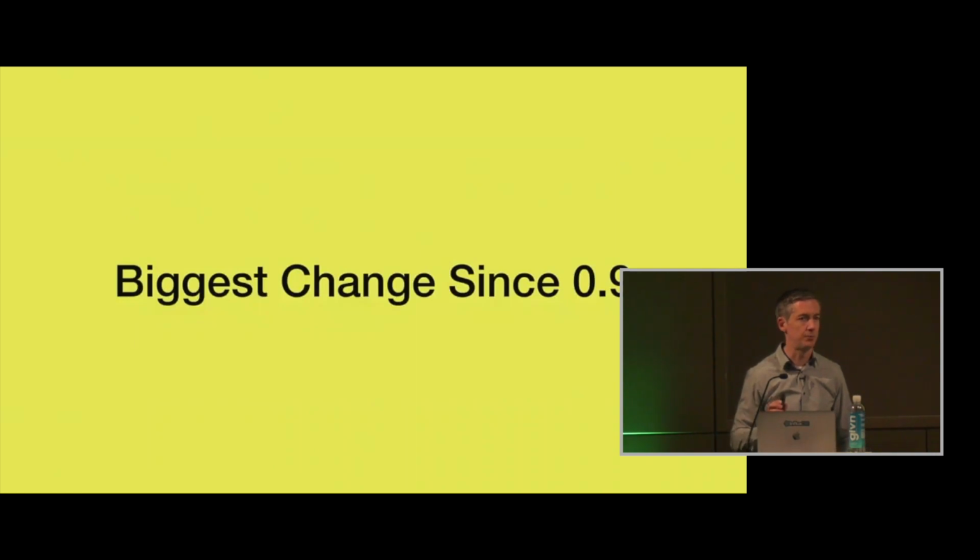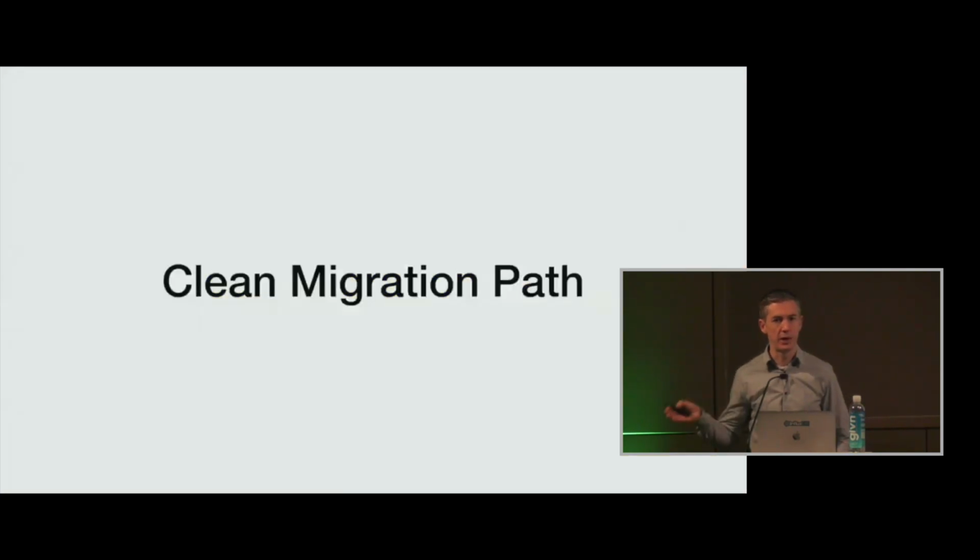That change basically introduced the schema that exists today with measurements, tags, and fields, which was a breaking change from 0.8. But the difference between the 0.8 to 0.9 migration and the 1.x to 2.0 migration is there will be a clean migration path. The functionality in 2.0 represents a superset of what you can do in 1.x.